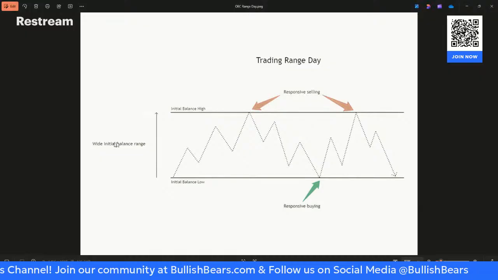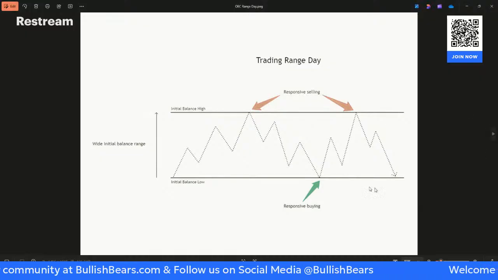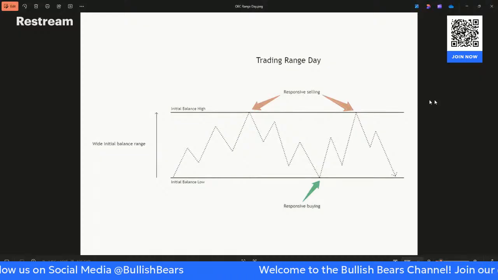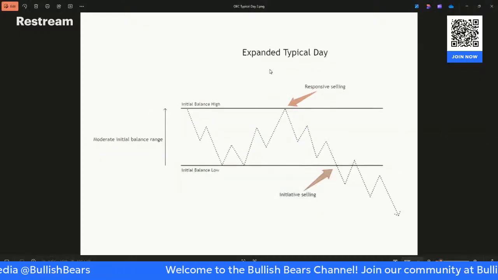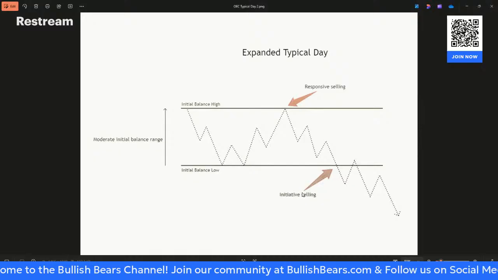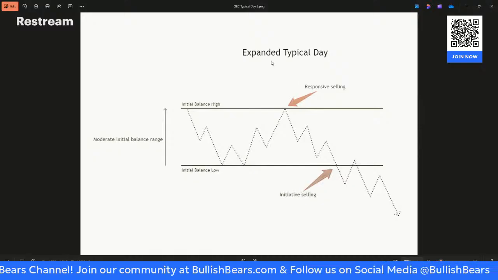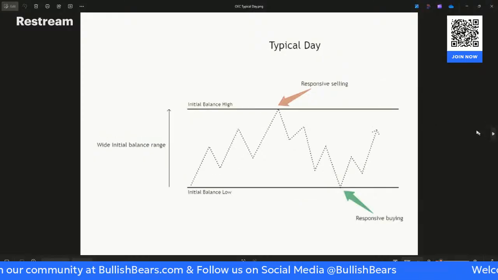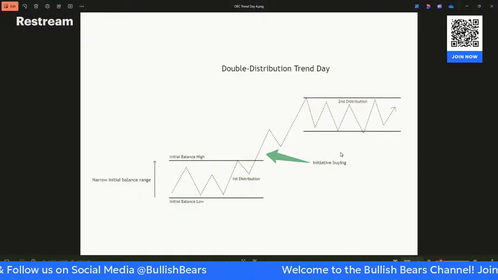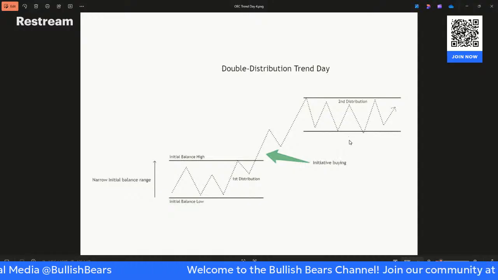Those have a wide initial balance. You got responsive buying, responsive selling, and then your IB high and low. Then the IB high and low, responsive selling, and then initiative selling. That's your expanded range day, because they have a typical day, a range day, expanded range day, double distribution trend days. You can flip those in either direction, by the way.